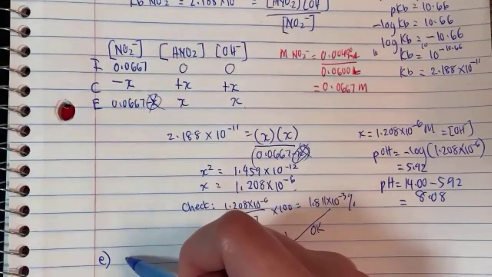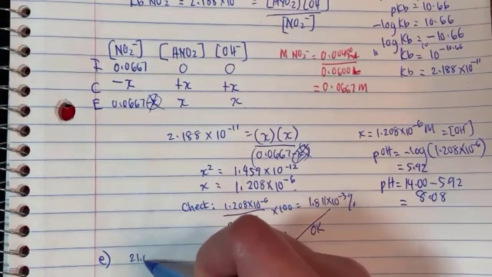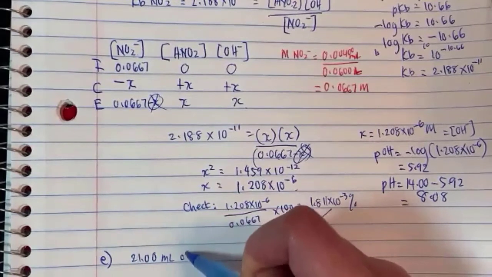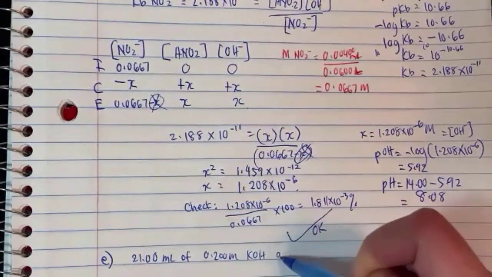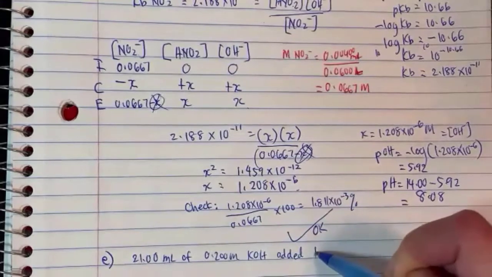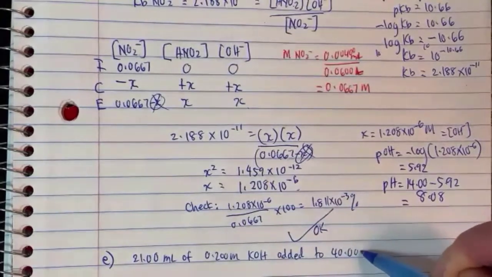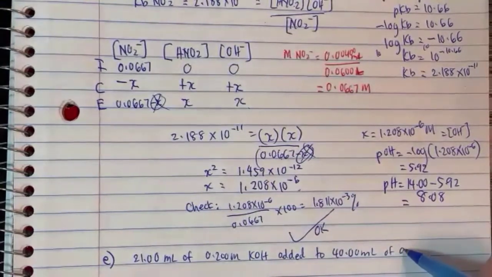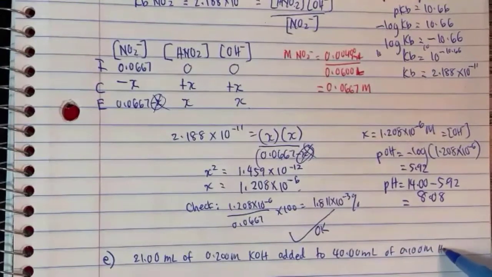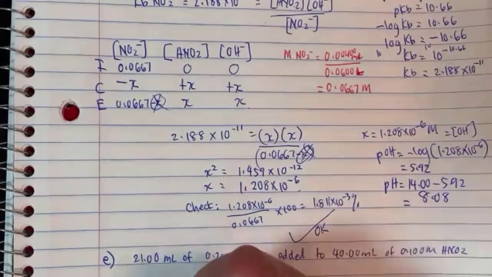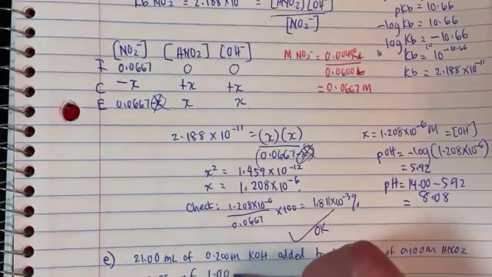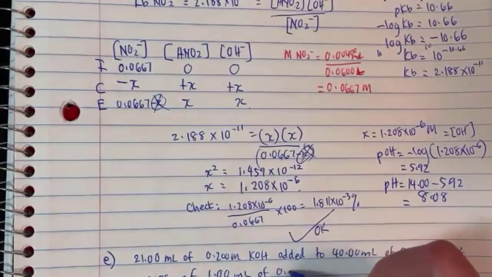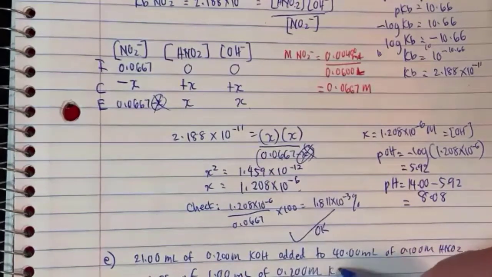We added 21 mils, right? 21 mils to 40 mils of 0.1 HNO2. So you have an excess of 1 mil of 0.200 molarity KOH.